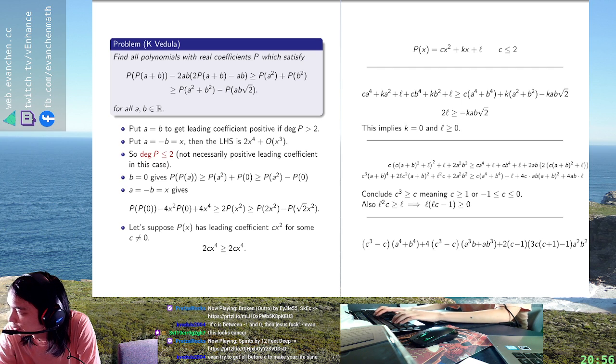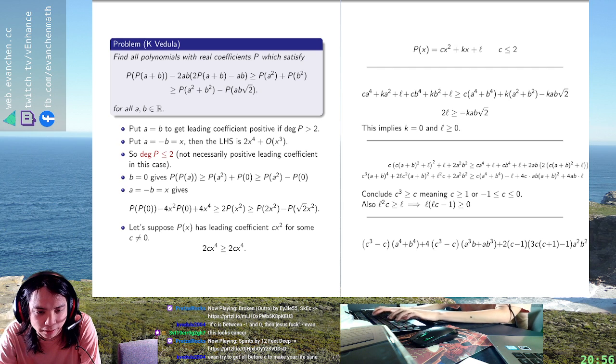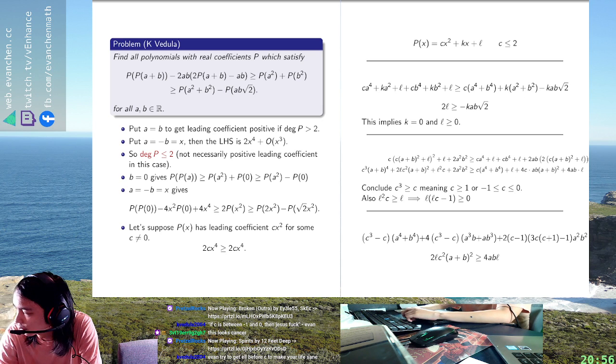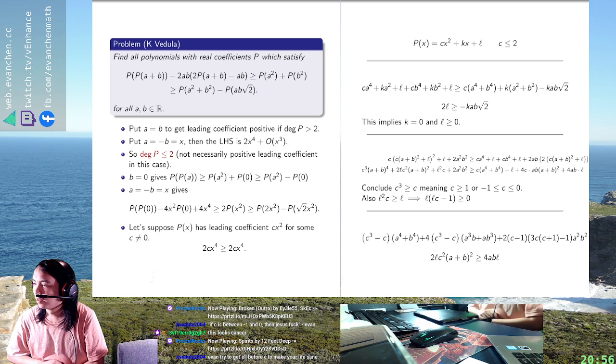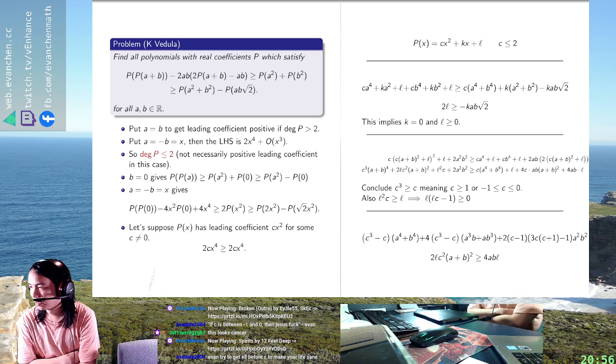Okay, the degree 2 stuff is greater than 4ABL. It's actually quite simple. It's just this. Okay, so if C is at least 1, then I don't know.